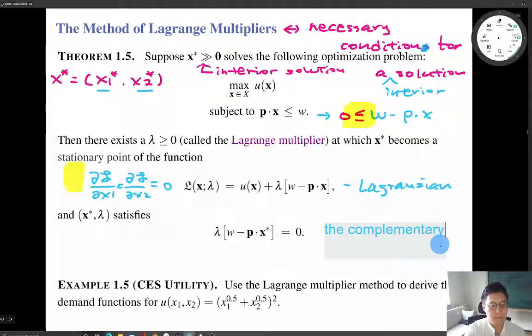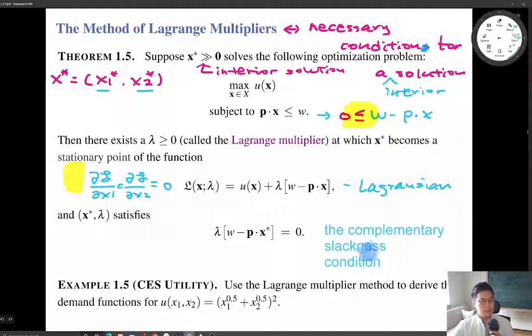Complementary slackness condition. This condition tells us, because the product must be equal to 0, that if the budget constraint is not binding, it has a slack, so there is some money left behind. So the budget constraint holds with a strict inequality, strictly positive. In order to have a 0 product, the Lagrangian multiplier must be equal to 0.